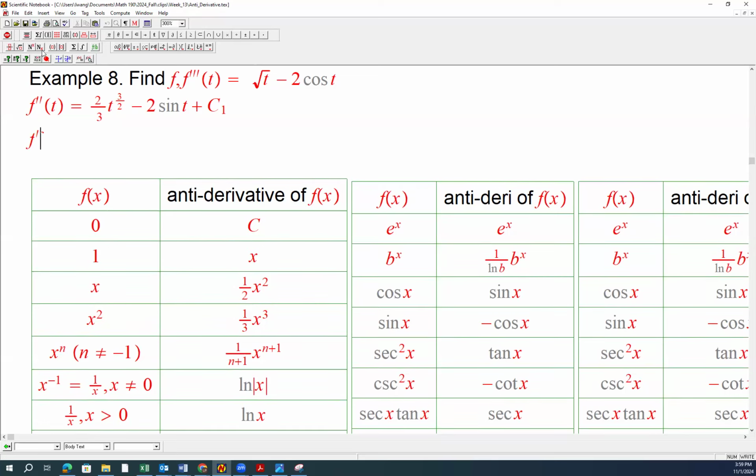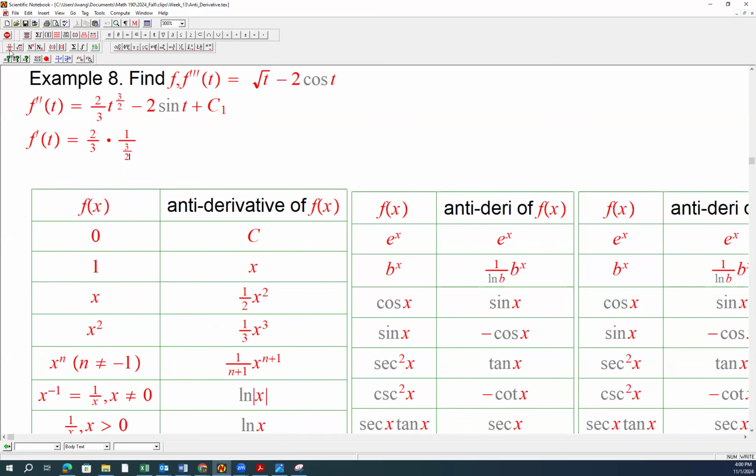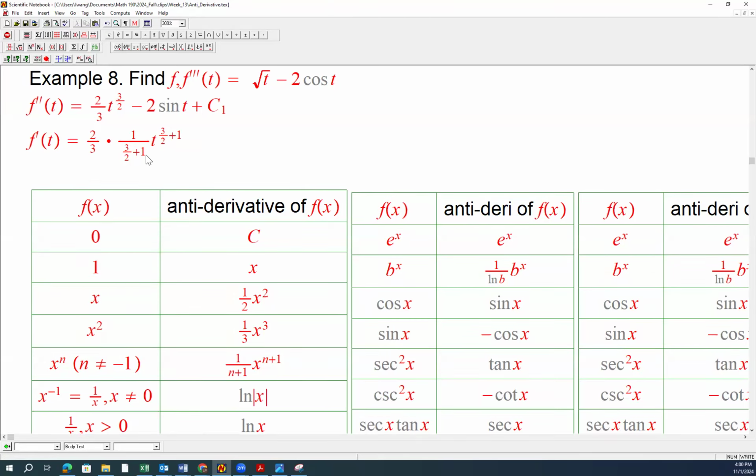So f prime of t is the antiderivative of f double prime. So we're gonna find the antiderivative of 2/3 times t to the power of 3 half. So that's going to be 1 over 3 half plus 1, t raised to the power of 3 half plus 1. And that's going to be 5 half, because 1 equals 2 over 2.